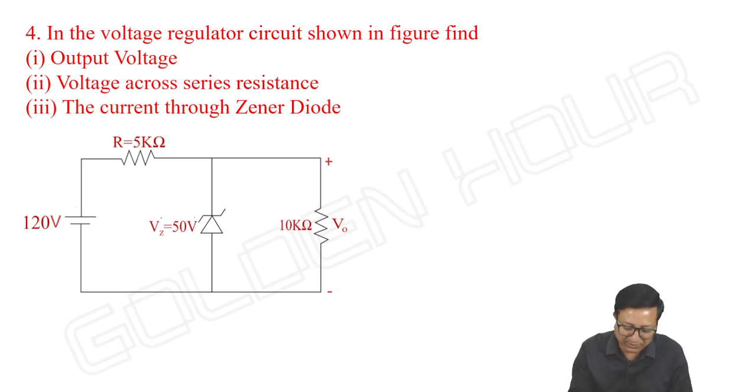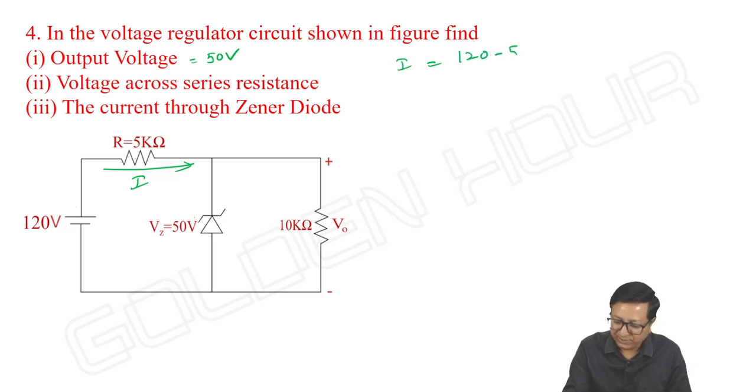What is output voltage? Simply it is 50 volts. And voltage across the series resistance, this current I is equal to (V in minus VZ) by R. So (120 minus 50), 70 by 5, 14 milliampere. Voltage across, no? So that is 70 volts, 120 minus 50.